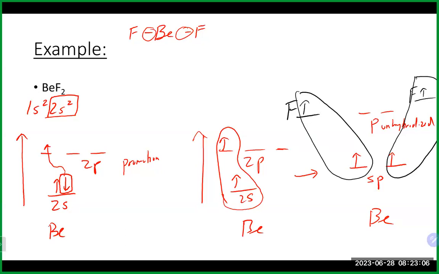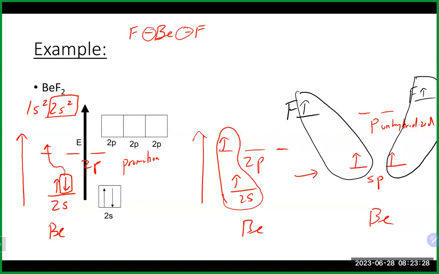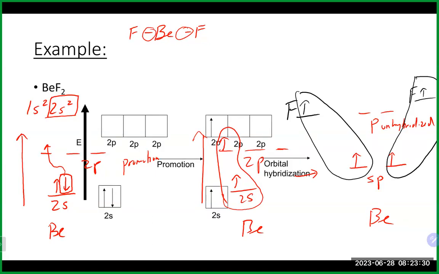So the bonding that can happen in this case will be between the sp hybrid orbital in the beryllium and the fluorine orbital as well. Fluorine could go through hybridization as well, but that's basically the bonds that we will see here. Any questions on that? It's a prettier picture than when I drew it, but it's pretty close.